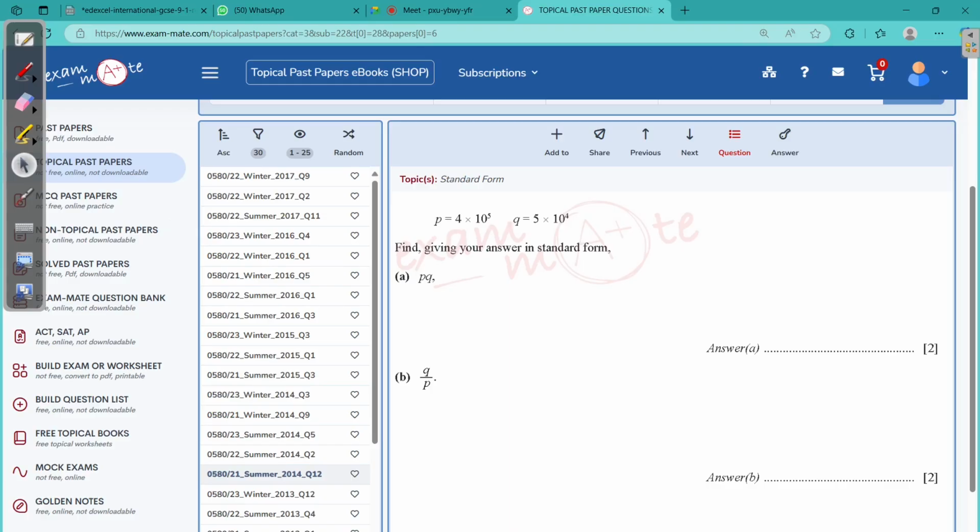Give me the answers. For PQ, it's 45 times 10 to the power 4.